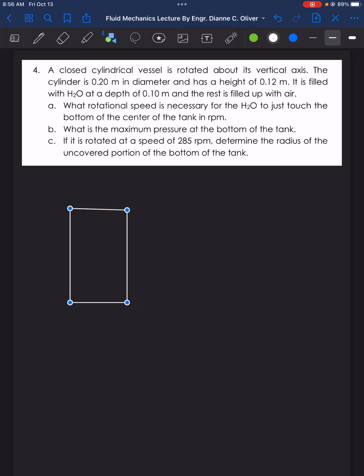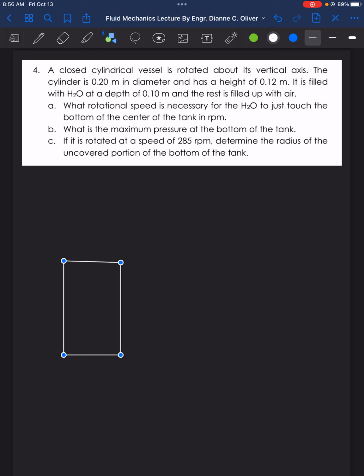a closed cylindrical tank. Given the dimensions: 0.2 meter in diameter and height of 0.12 meter.